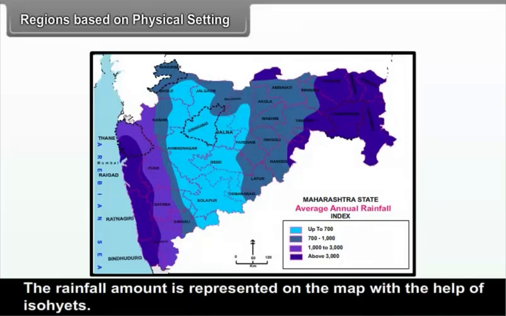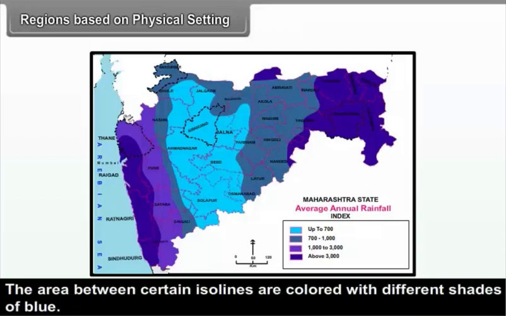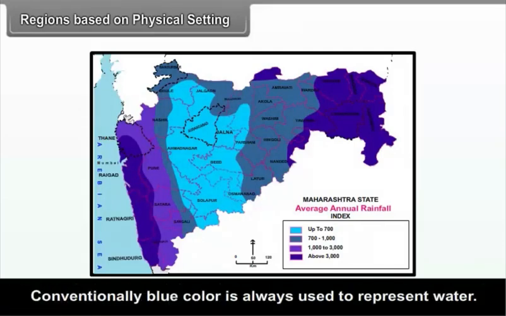The rainfall amount is represented on the map with the help of isoheights. These are the lines joining places of equal rainfall. The areas between certain isolines are colored with different shades of blue. Conventionally, blue color is always used to represent water.